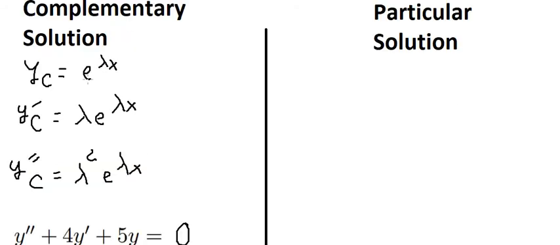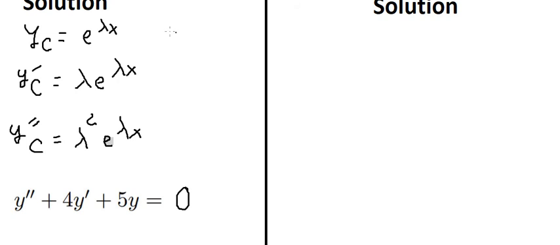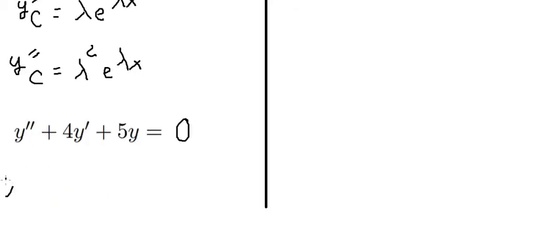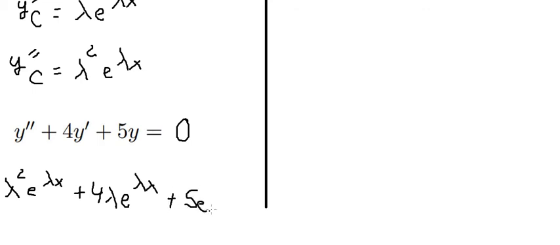So we need to substitute the original function, the first derivative, and the second derivative, and you will have lambda squared e to the power of lambda s plus 4 lambda e to the power of lambda s, and we have 5 e to the power of lambda s equals 0.